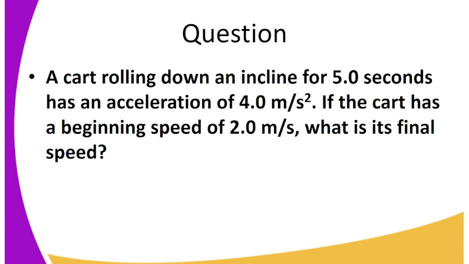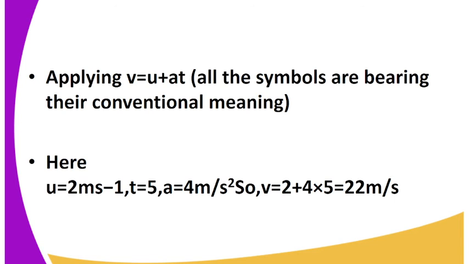A cat rolling down an incline for 5 seconds has an acceleration of 4 meters per second squared. If the cat has a beginning speed of 2 meters per second, what is its final velocity? Here is the solution. Applying v = u + at, all the symbols bear their conventional meaning.